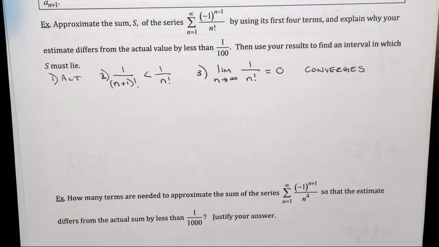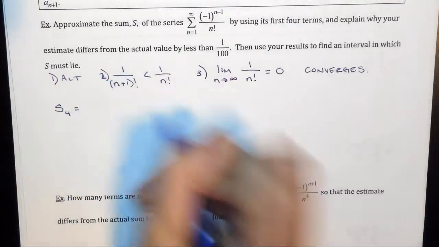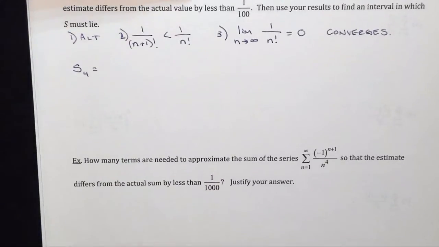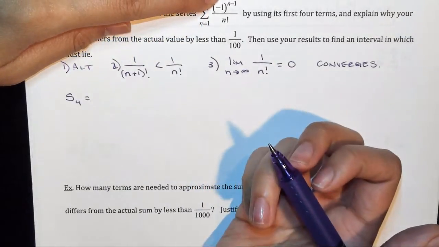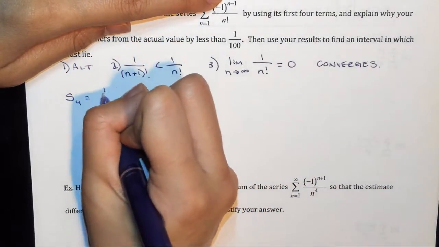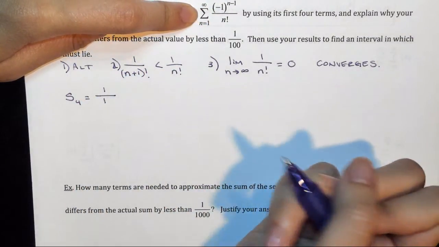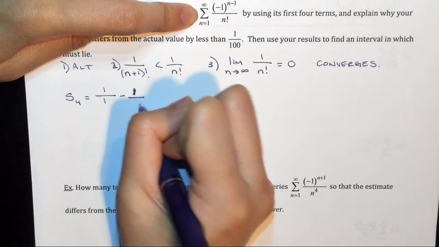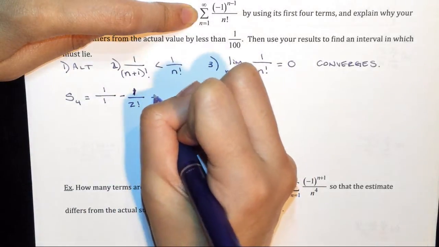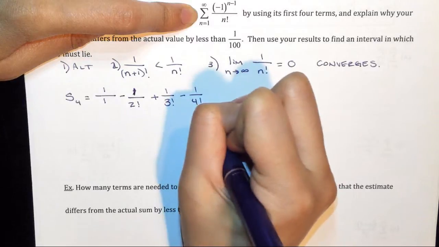Now, this question is saying approximate the sum of the series by using its first 4 terms. So the sum of 4 terms would be, all right, let's plug 1 in initially here. So 1 plugged in here is negative 1 to the 0 power. That's 1 over 1 factorial, which is 1. We plug 2 in and we get negative 1 over 2 factorial, and then you get plus 1 over 3 factorial, and then minus 1 over 4 factorial.